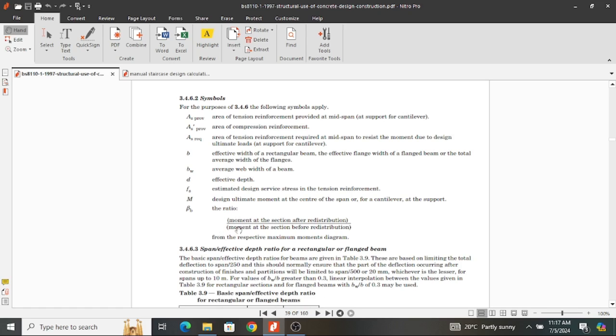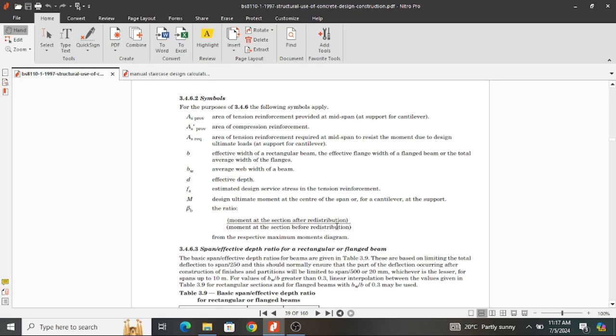Beta B is the ratio of the moment at the section after redistribution over the moment at the section before redistribution from the respective maximum moments diagram.